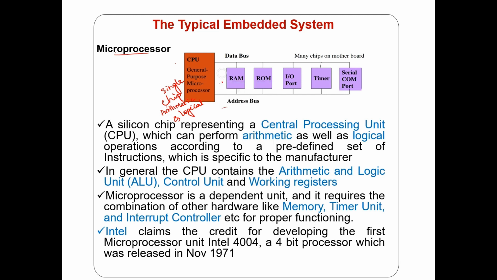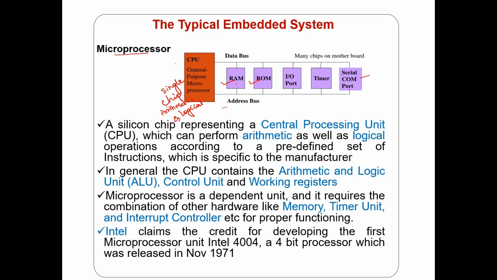The memories include the RAM and the ROM. One is the volatile memory and the other one is the non-volatile memory. Then there are the communication ports, input ports and output ports, through which the input devices and the output devices are connected to an embedded system, and the timers for timing purposes, and the communication interfaces.